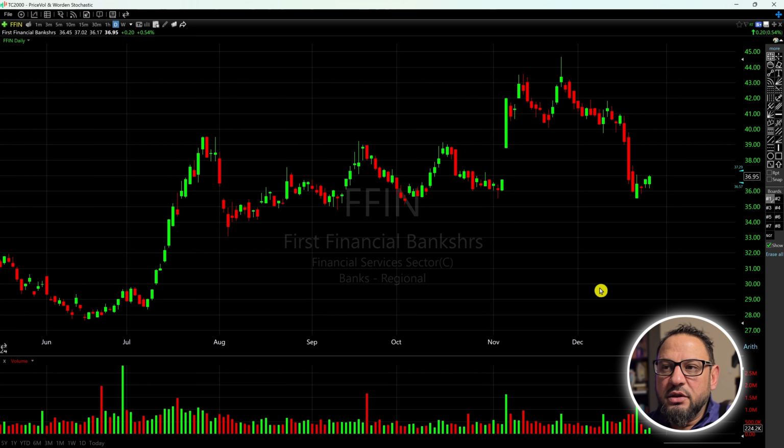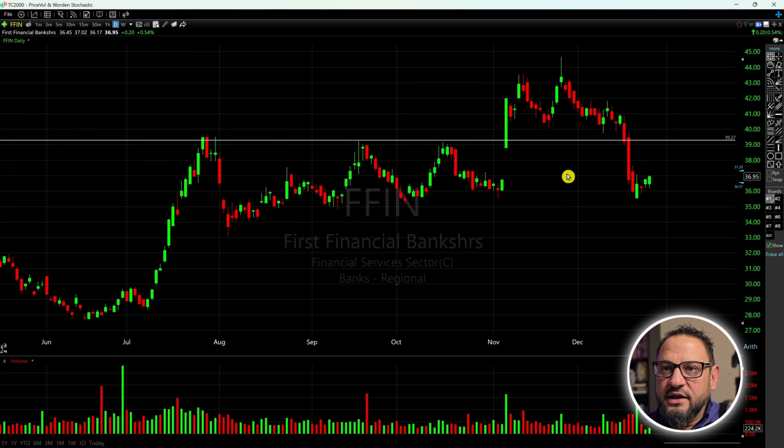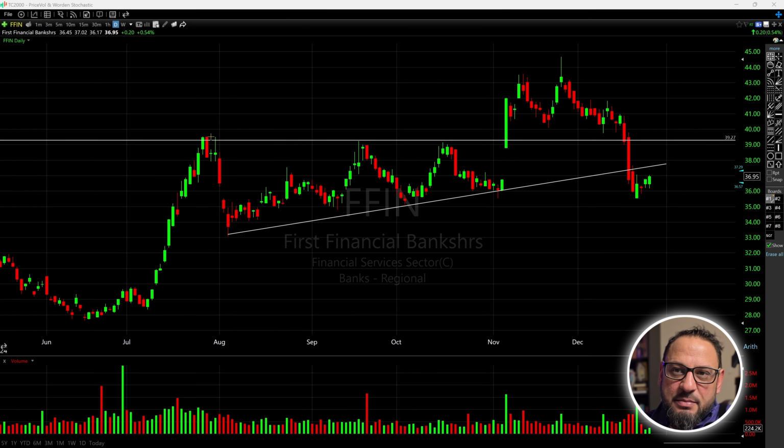Here's another example of the ascending triangle. So first we identify the horizontal resistance, and then we identify the uptrend support. The bears manage to make a resistance area and they push the price back.